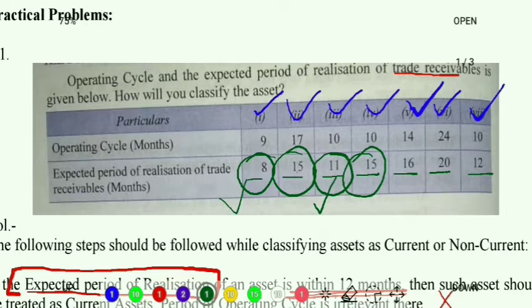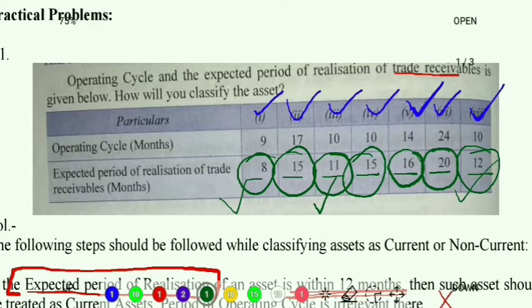Coming to asset number 5. It is 16, so this is also not qualifying because it is more than 12. Asset number 6, 20 months. Again, this is not qualifying because it is more than 12. And for asset number 7, it is 12 months. So this can be qualified.